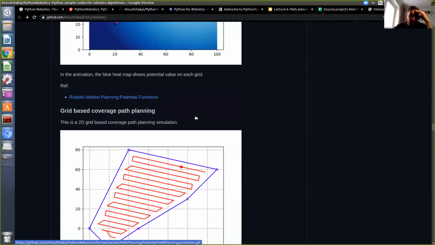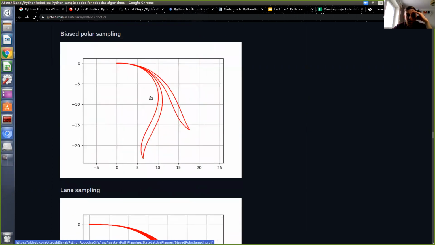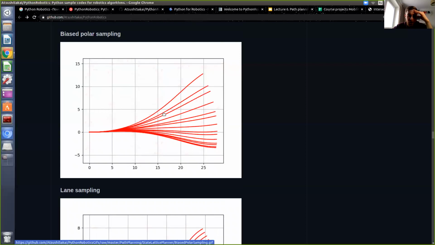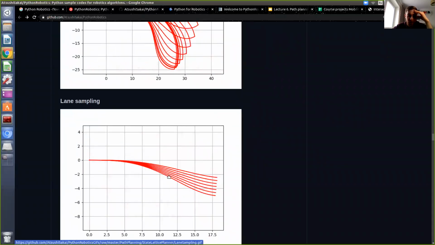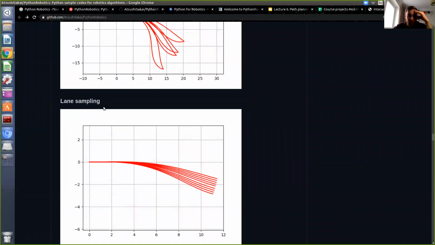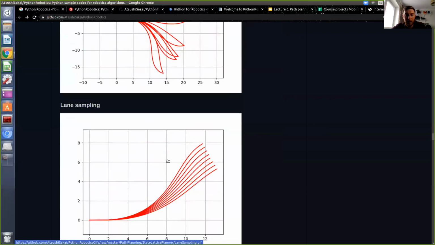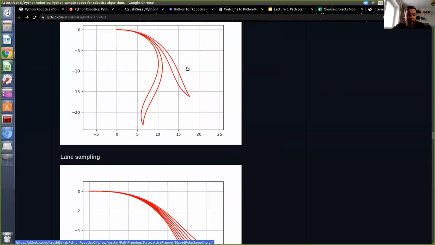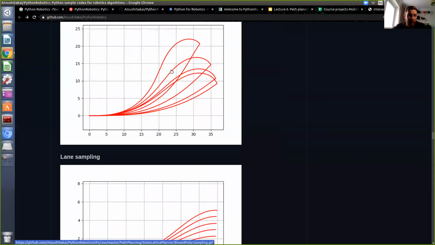So this is a potential grid method. This is a state lattice which we discussed. You can see different patterns we can take, and there is one for road, for lane moving. So this is a state lattice. You remember when we built our paths from predefined motion primitives.